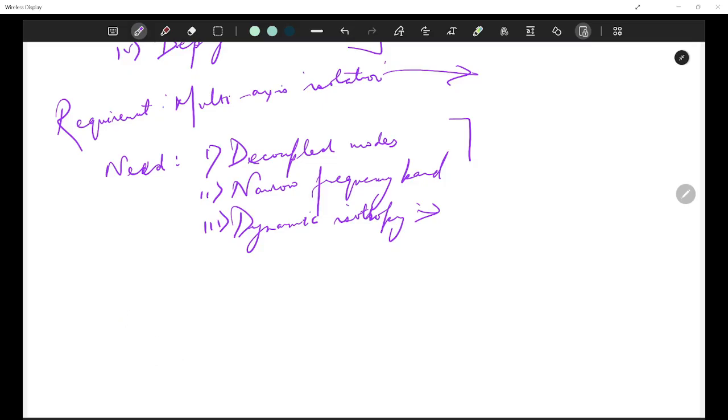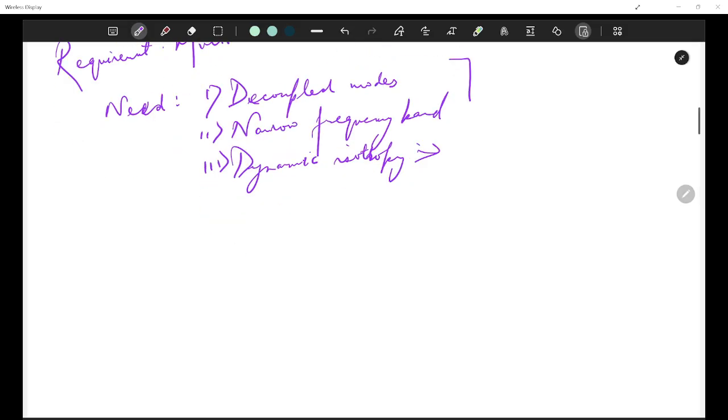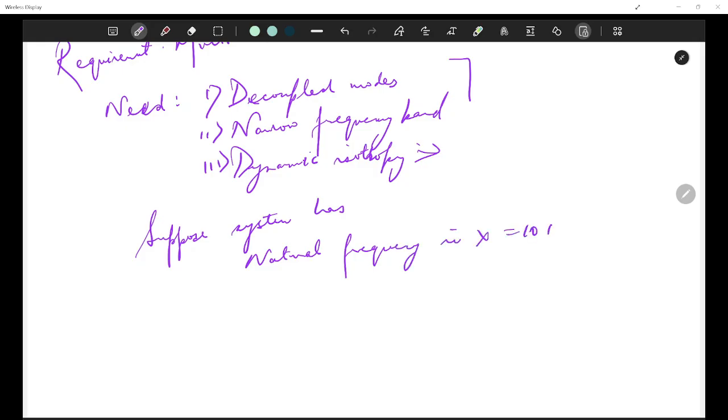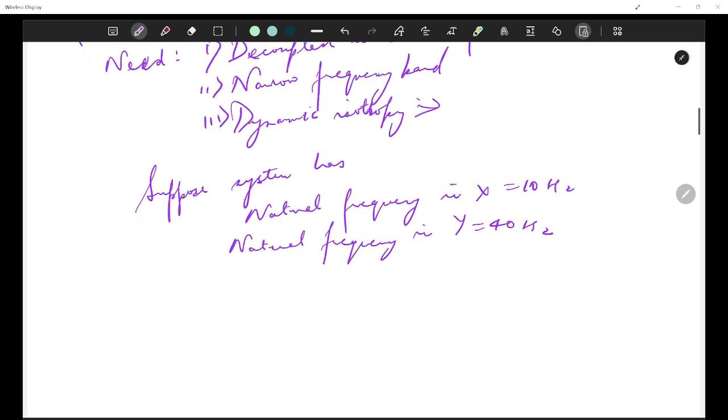Suppose the system has a natural frequency in X of 10 Hz, and a natural frequency in Y of 40 Hz. Then vibration isolation is uneven.